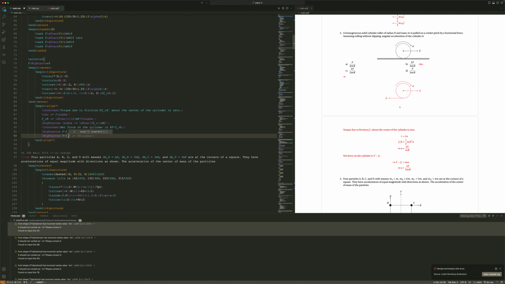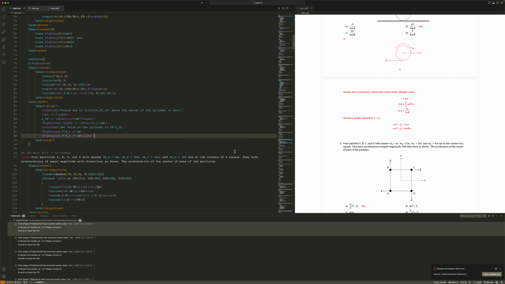Let's see, Fr is equal to m r alpha. Yes, it's fine, but it's not an elegant solution. I'm just not satisfied with it. We can put the friction over there and still get alpha, but it was not an elegant solution.